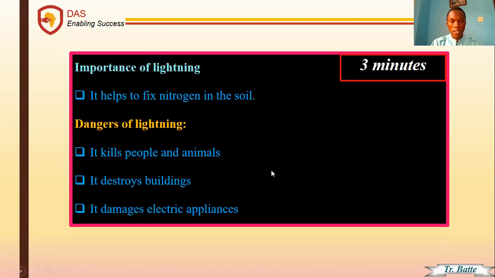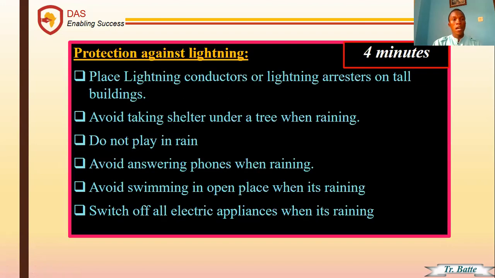So importance: it fixes nitrogen in the soil. Dangers: it kills people and animals, leading to loss of lives, it destroys buildings and damages electric appliances.